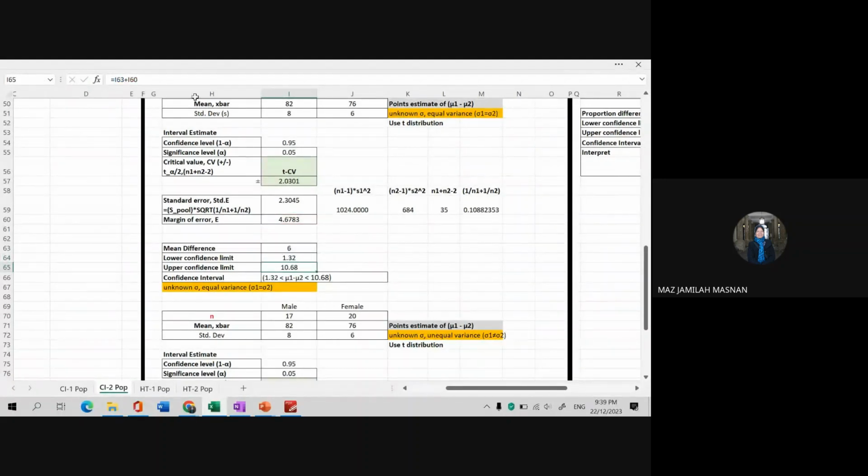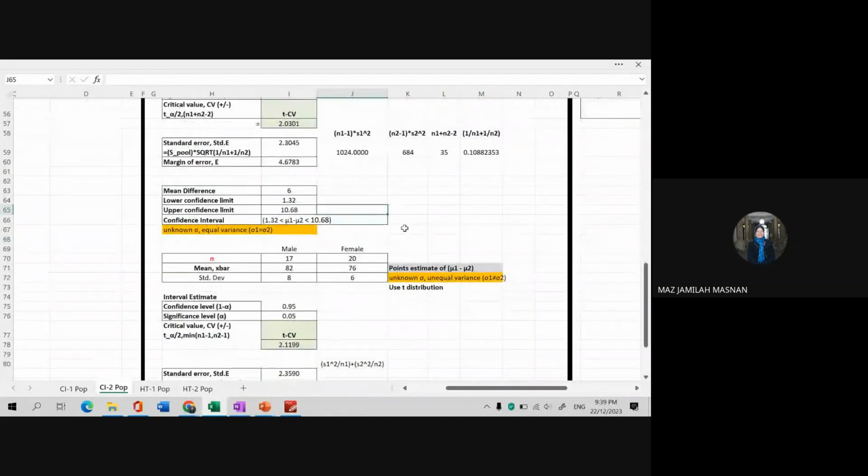For the upper confidence limit, mean difference plus the margin of error, which gives me 10.68. I can write my final answer as mu1 minus mu2 is between 1.32 and 10.68. This is the answer for unknown sigma with equal variance.